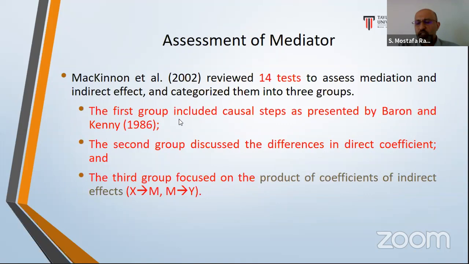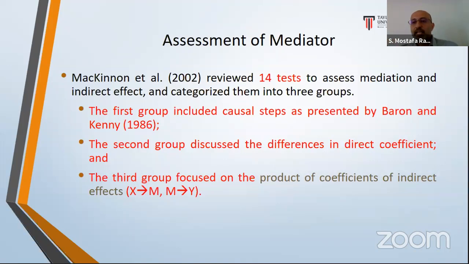In the first group, the most popular approach is the Baron and Kenny approach. In Baron and Kenny, we pass some causal steps to assess mediator. We assess the direct effect before including mediator and see if it is significant or not.